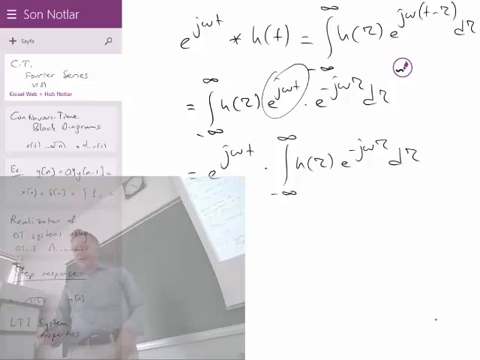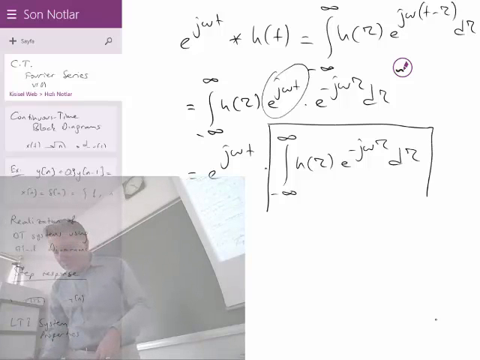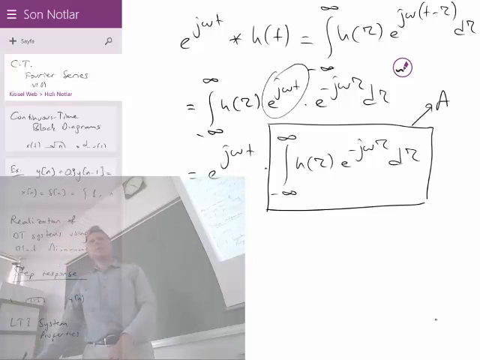Now previously I said that the output should be A times e to the j omega t. Now do you all agree that this is equal to A times e to the j omega t, where A is this? It looks too complicated, but it is an A, and it is not a time function.